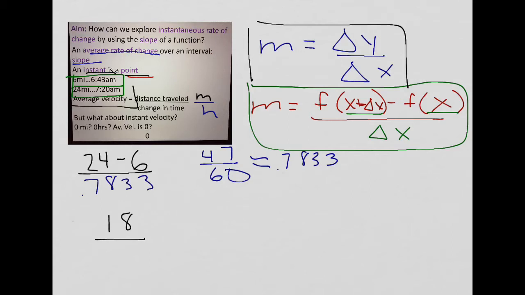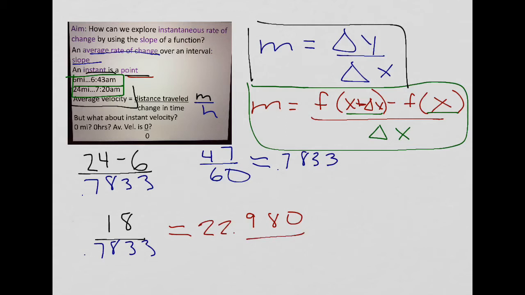And if I divide this in both cases, I get 22.980. You don't have to write the 0, but I did round to 3 decimal places to get this.